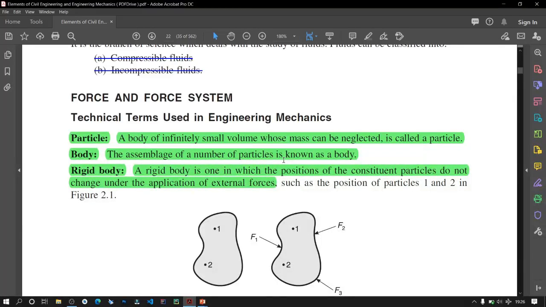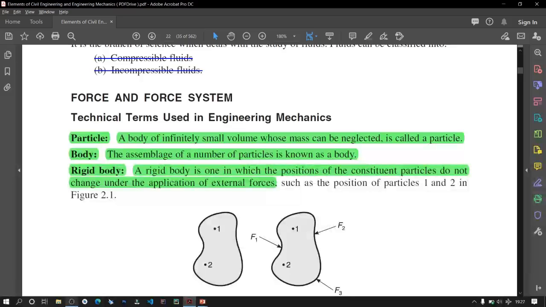If it is a rod, it should look like a baseball bat. So if this is the body, it must have very small particles jointed together. So this is a body.